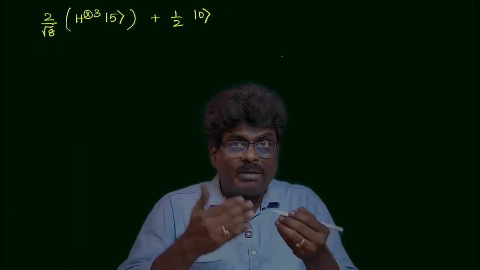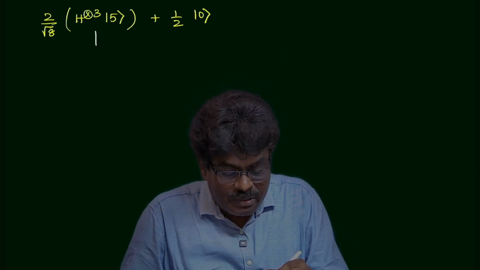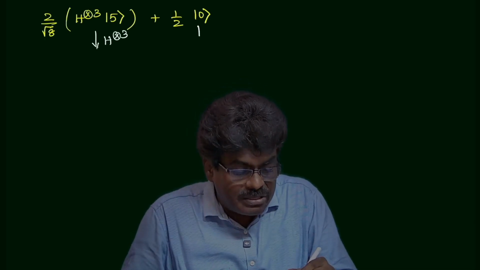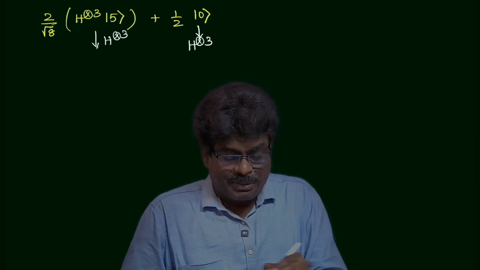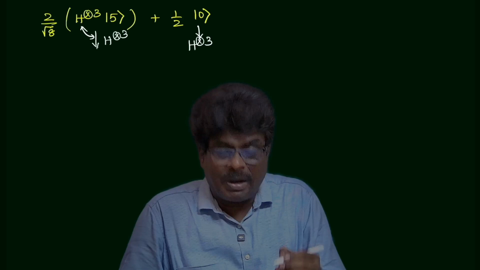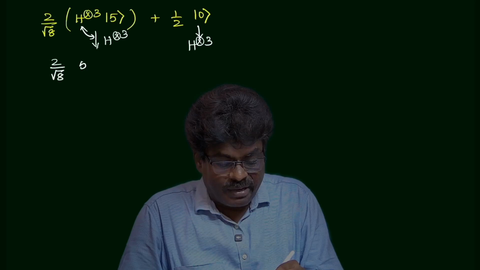Here we have one more Hadamard operation, that is H tensor 3. So here H tensor 3 is operating, and here also H tensor 3 is operating. So no need to worry. These two products will give you identity. So we got 2 over root 8 times 5.